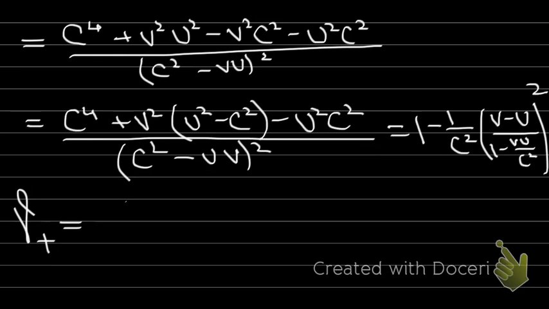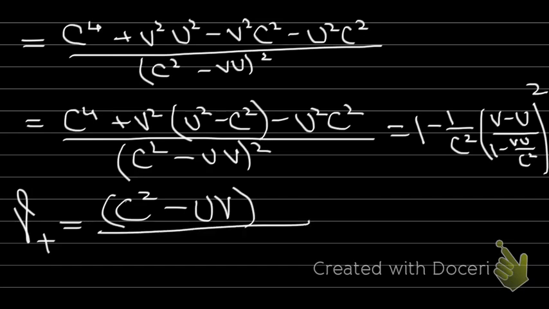Okay, so let's do that now. So the inverse would be first c squared minus uv, and the square root would get rid of this square up here. Then in the denominator, we would have this term that was over here in the numerator, and we would square root that term.